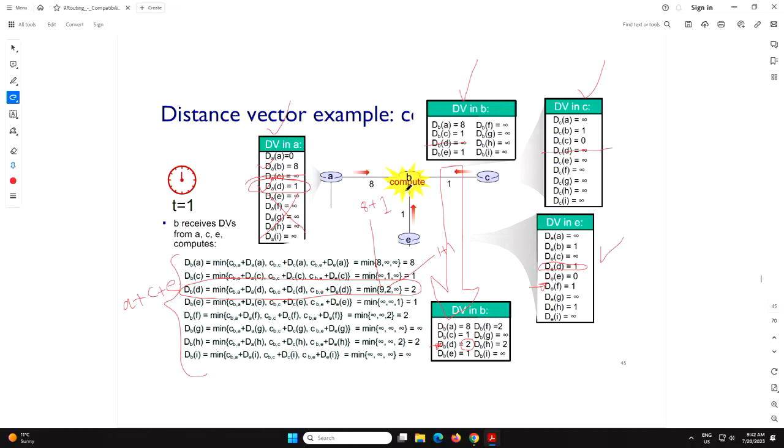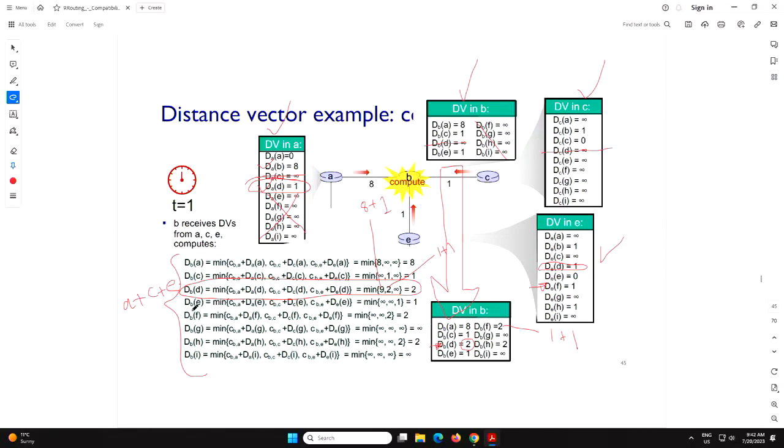Because before, B didn't have any entry for F. You see, these are all infinite. So it didn't have any entry for F. So now it will replace the infinite for F, and it has to be via E. 1 plus 1 is equal to 2, because A and C are not giving you anything.